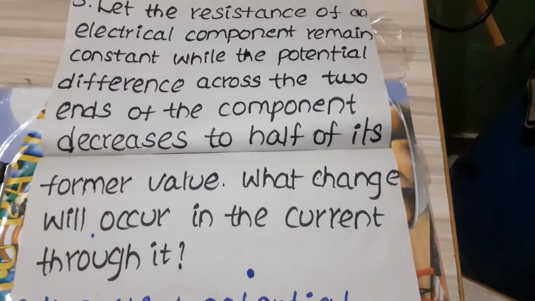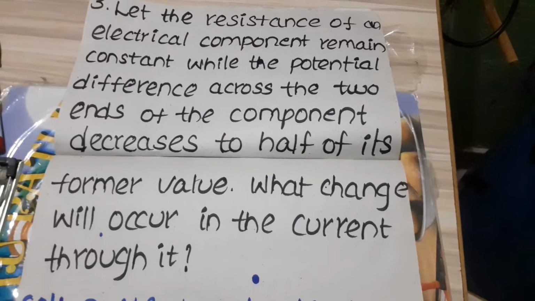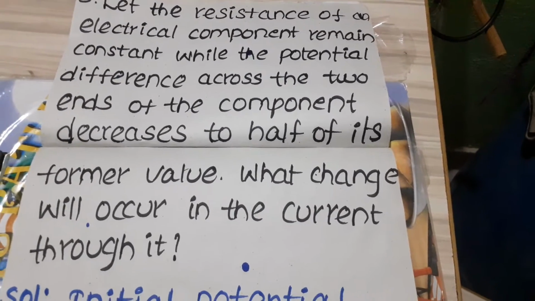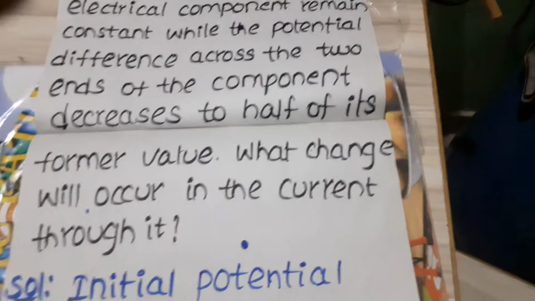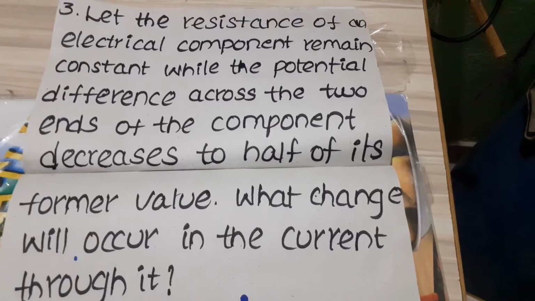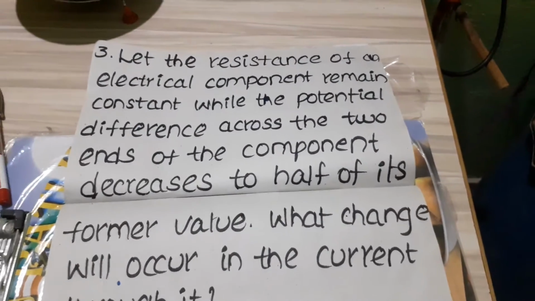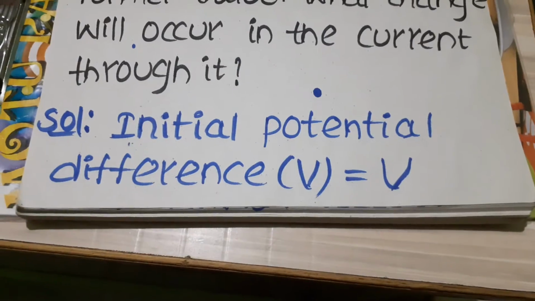Resistance is constant. So first of all, they are taking the original values. After that, they are changing the values: the potential difference decreases to half. So we have to find out what the changes are.